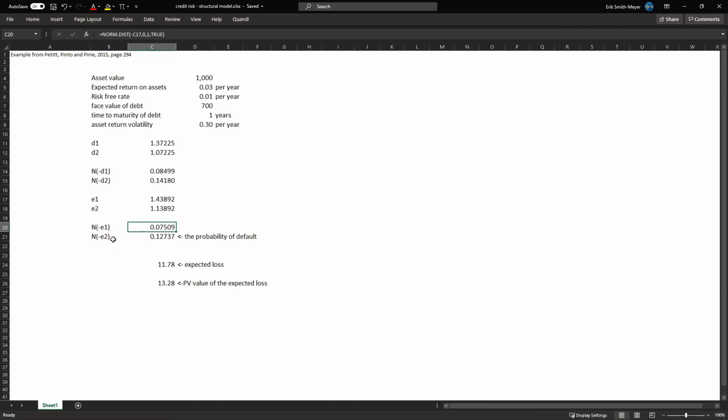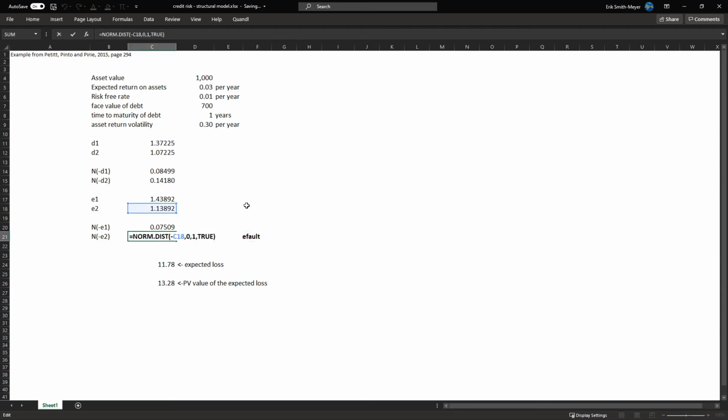What's interesting with the probability given E2 is that here we get the probability of default. So you can use the Black-Scholes model to directly derive the probability of default.